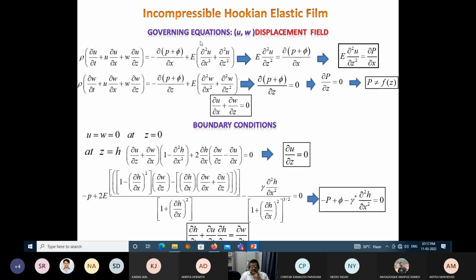Okay, and this is the Hookean elastic framework. This is the continuity equation. These are the momentum equations. These are the normal tangential stress balance. Only thing that U and W become the displacement field. Okay? And your thin film equation remains the same. You just do it the way you will get it.